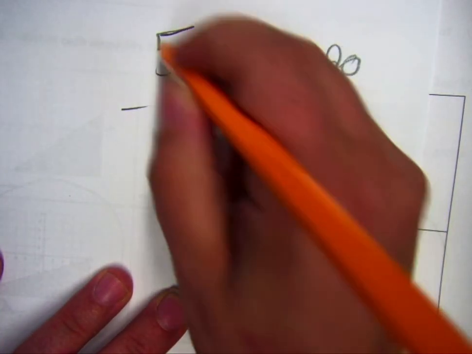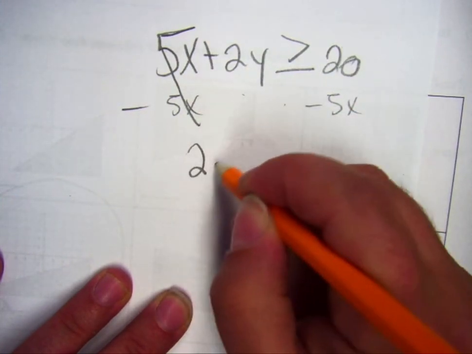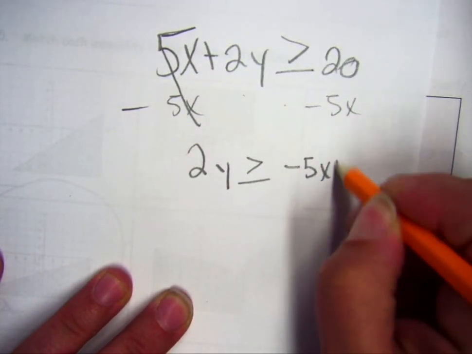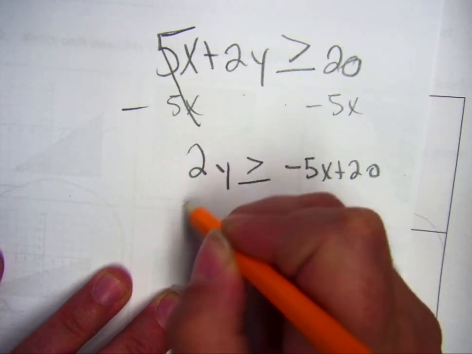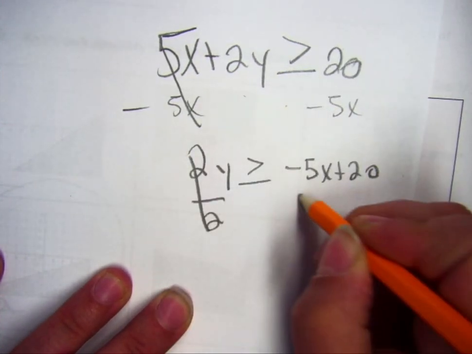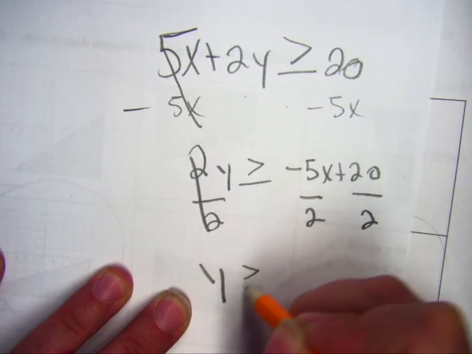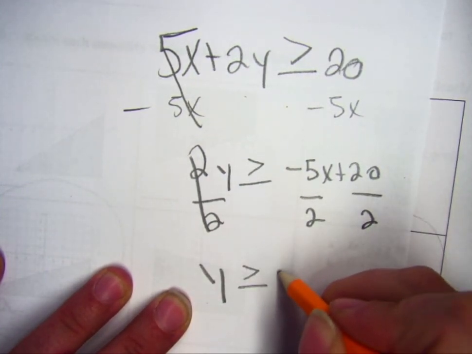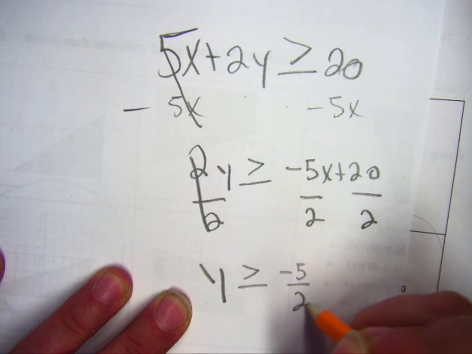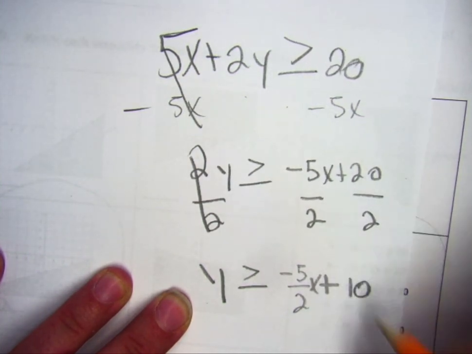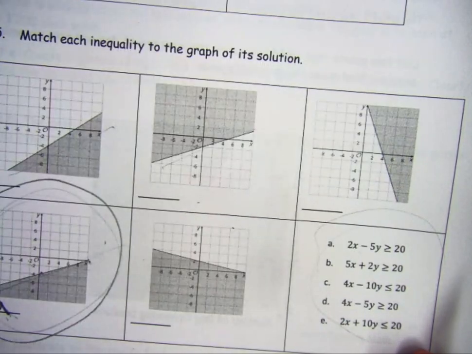Then we have 2y is greater than or equal to negative 5x plus 20. Divide by 2, divide by 2, divide by 2. Y is greater than or equal to negative 5 over 2x plus 10. Okay, so it's negative slope.